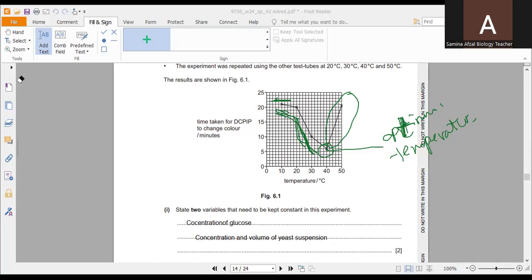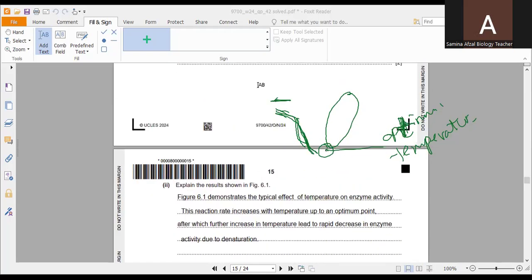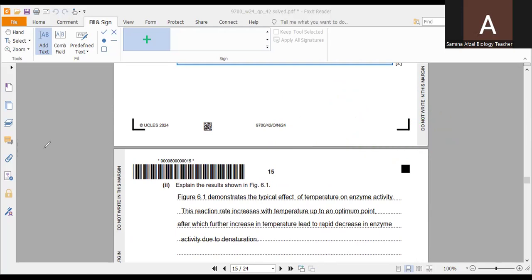This shows that the enzyme has been denatured here, and that is the reason the curve has become very straight. So figure 6.1 demonstrates the typical effect of temperature on enzyme activity. The reaction rate increases with temperature up to an optimum point, after which further increase in temperature leads to a rapid decrease in enzyme activity due to denaturation.